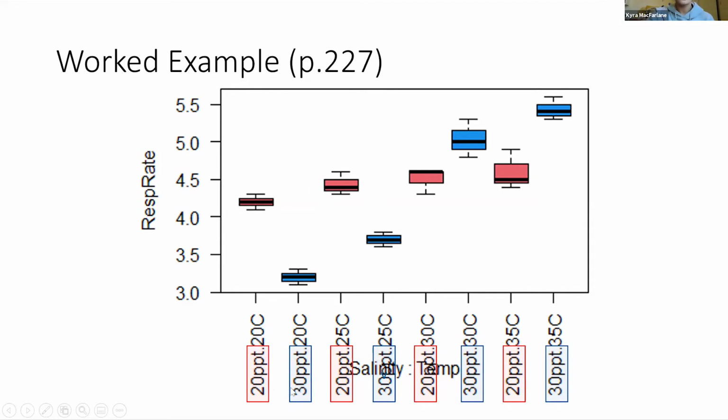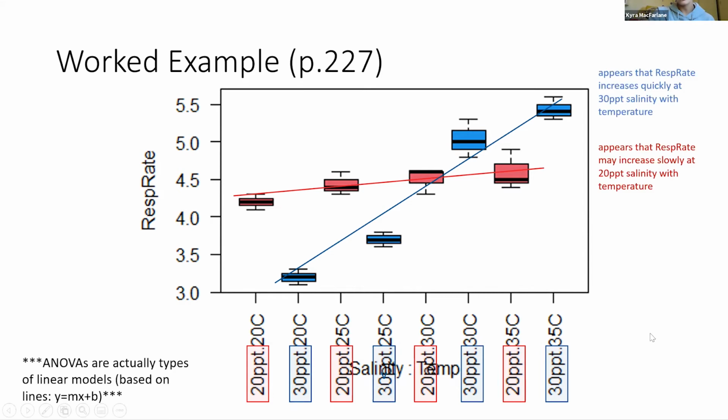At 30 parts per thousand salinity, though, as temperature increases, there's a pretty sharp increase in respiration rate. So it appears the respiration rate increases quickly at 30 parts per thousand salinity with temperature. At 20 parts per thousand salinity, respiration rate increases maybe a little bit slower with temperature.